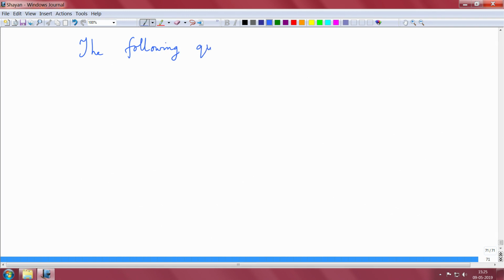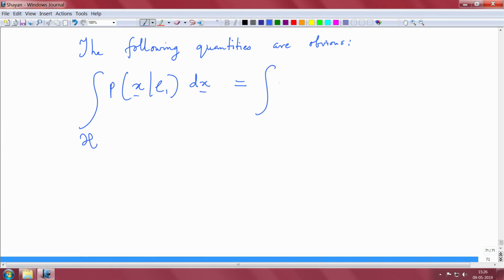The following quantities are obvious. One, the integral of p of x given C1 dx, the conditional distribution of data point x given C1, over this entire observation space is 1. Similarly, it holds for the conditional density of x given class C2, and this is also sort of obvious from practice.